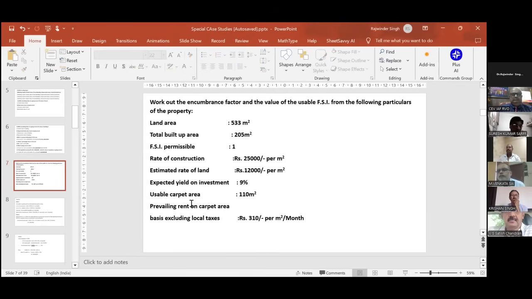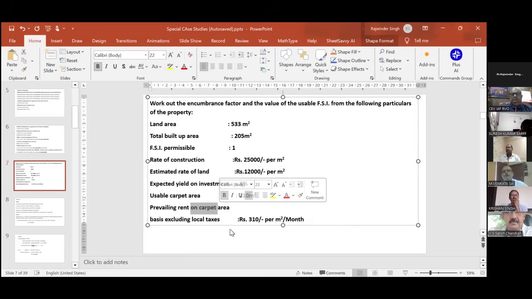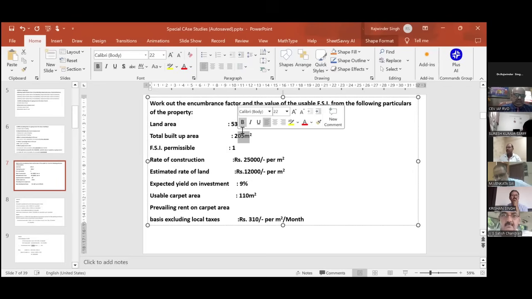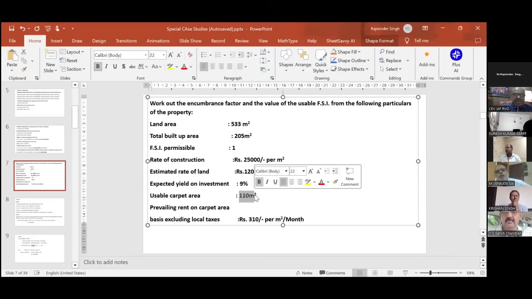It is based upon carpet area. Remember, see in the question, it is given on the carpet area. So you have to use the carpet area, not the built-up area. So here we will be using 110 instead of 205.